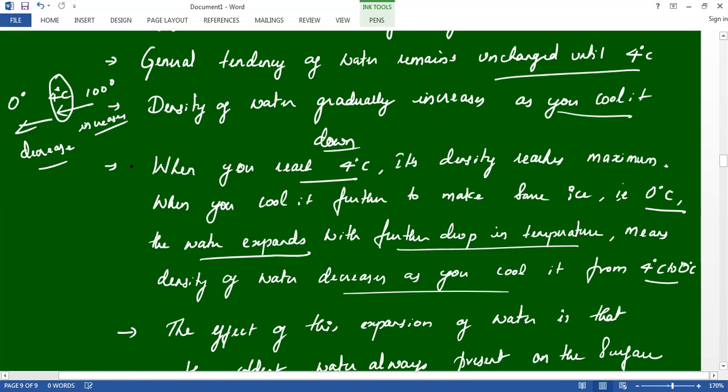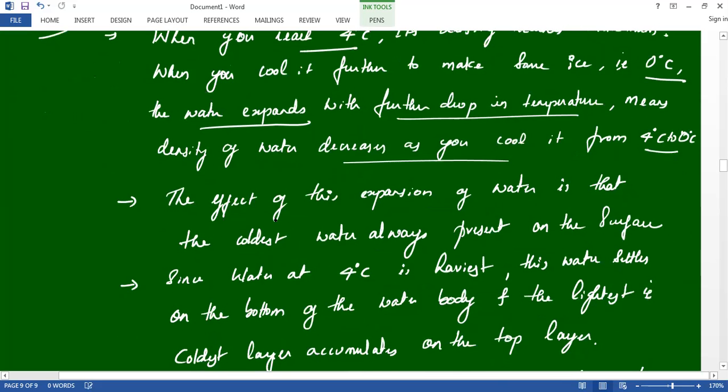The effect of this expansion of water is that the coldest water will always be present on the surface. The coldest water will accumulate on the top of the water body, and 4 degrees Celsius water will accumulate at the bottom.